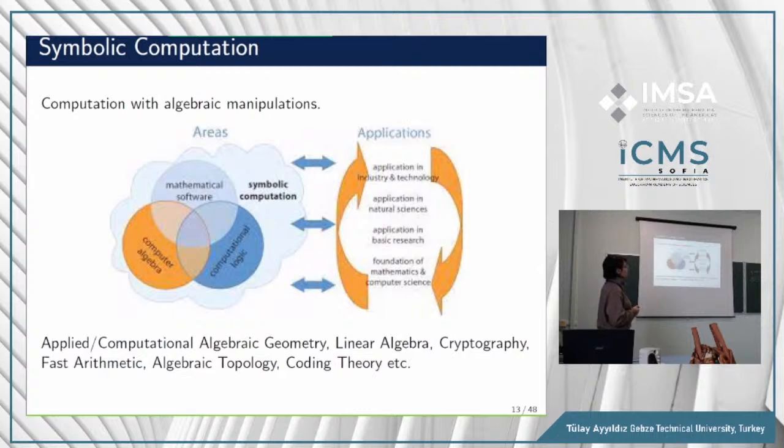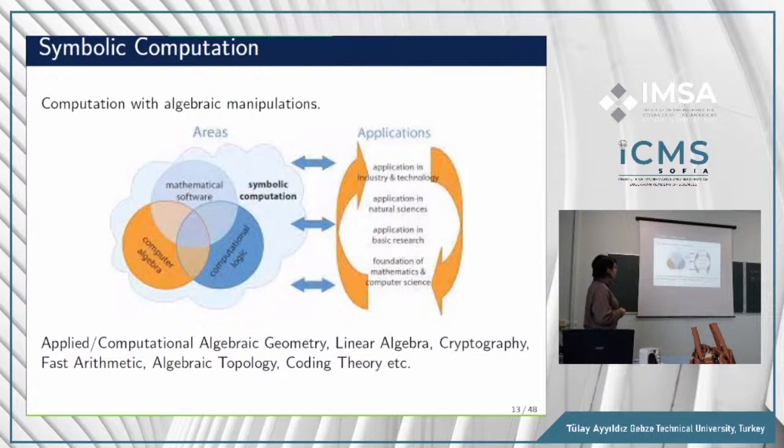We have many questions from industry, technology or other sciences, then applications in natural sciences, and in basic or theoretical research. Symbolic computation is also used in algebra-related subjects, and in computer science we use it a lot.